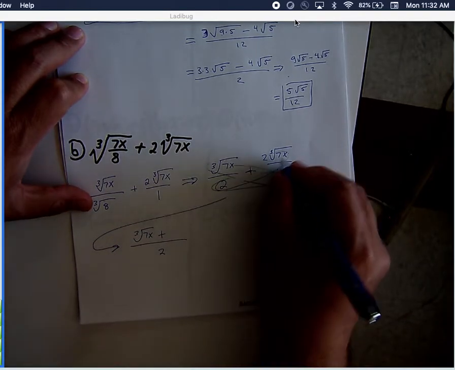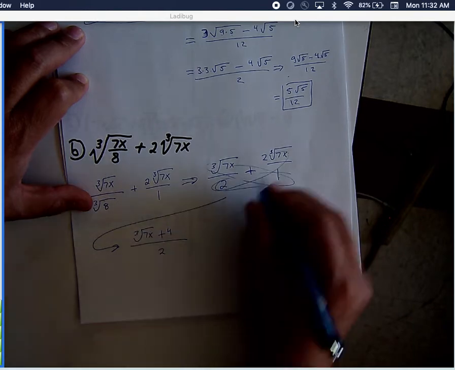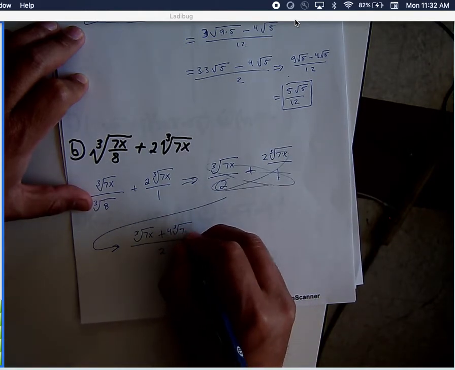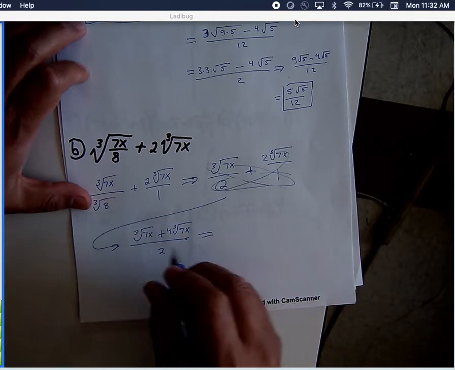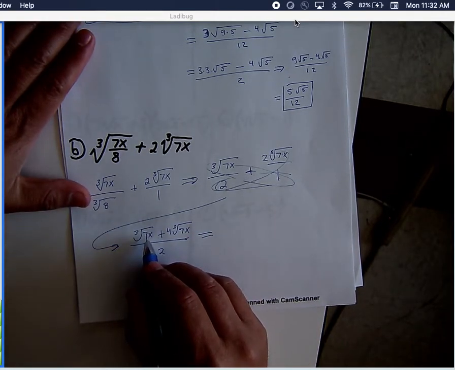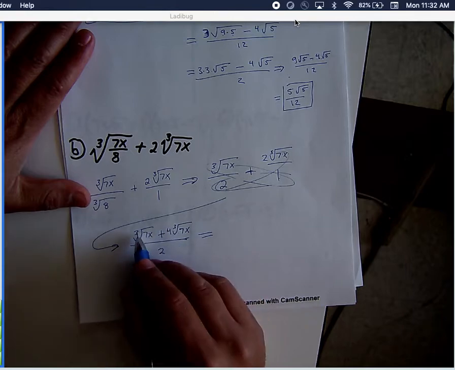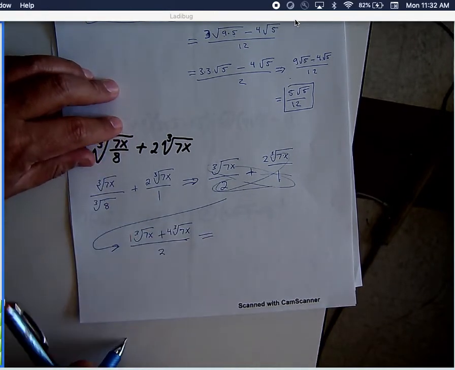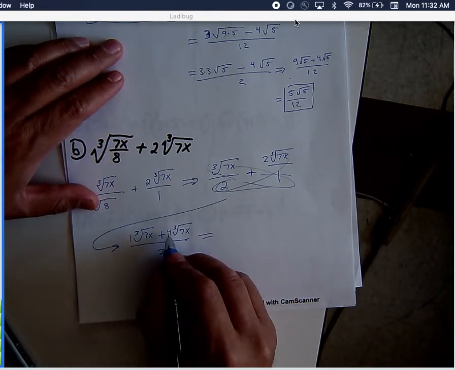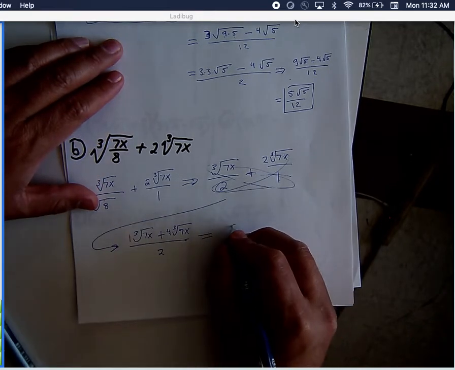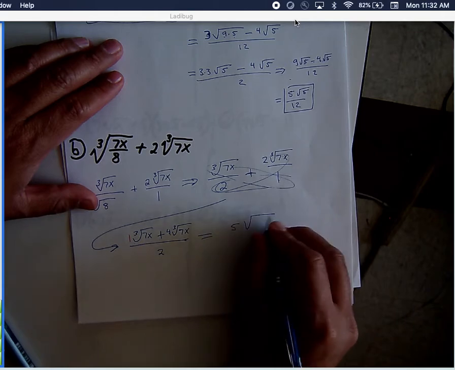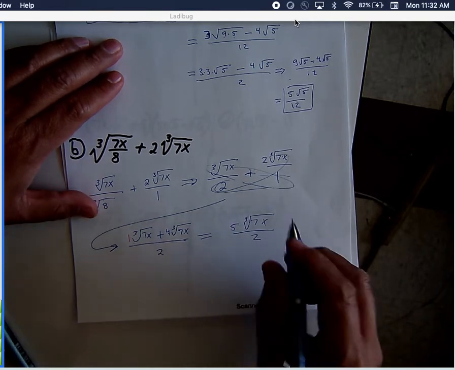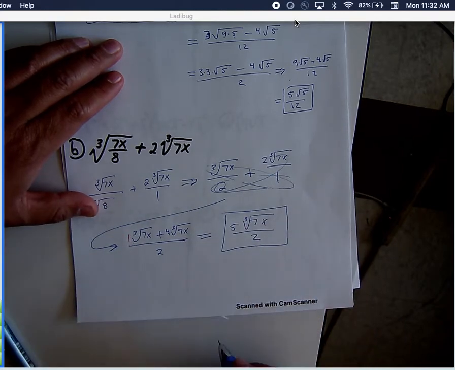Plus 2 times 2 is 4, and then the cube root of 7x. Now look, they have the same radicand, and the same index, yes. So remember this is a 1. So 1 plus 4 means that would be 5 cube root of 7x over 2. And that's the answer for this one.